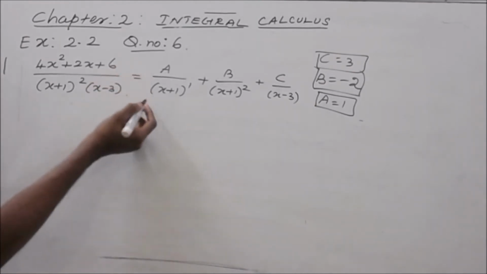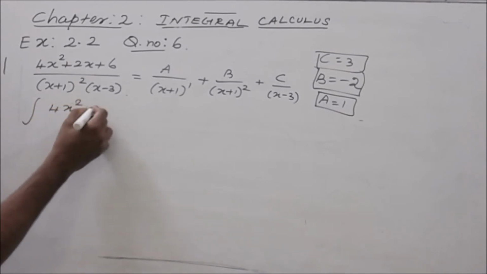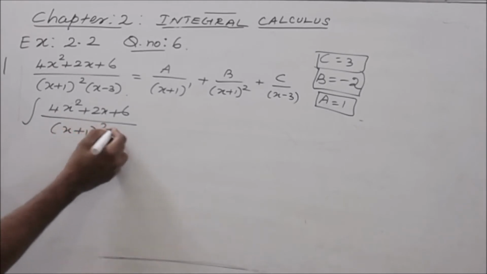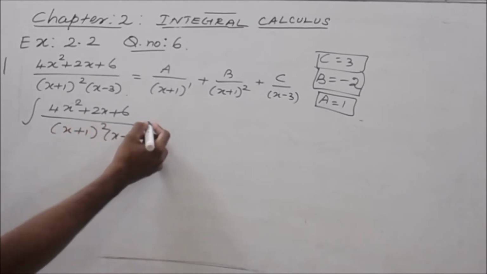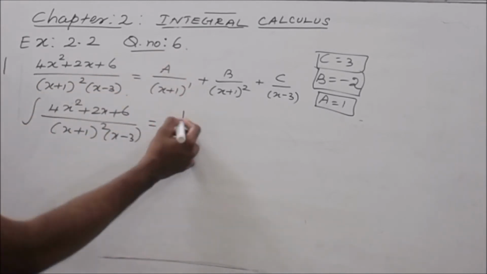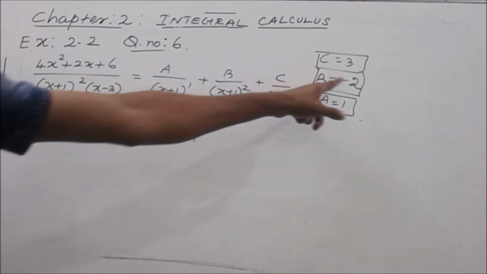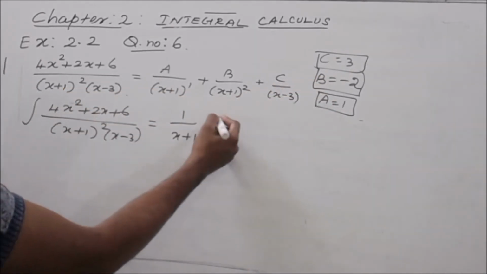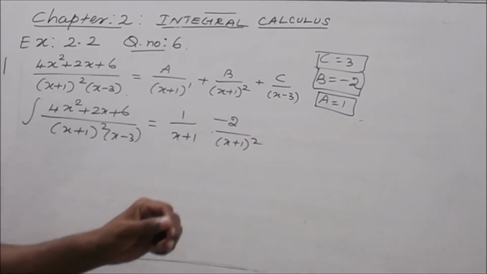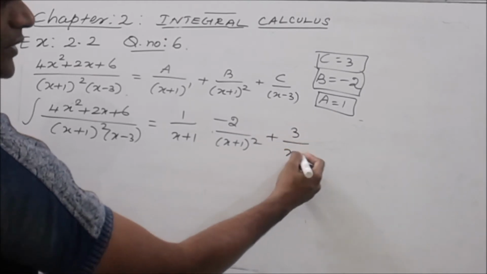Now we are moving to the next step here. So the integral of 4x square plus 2x plus 6 divided by x plus 1 whole square into x minus 3 will be equal to 1 by x plus 1, plus minus 2 by x plus 1 whole square, and then for c we have 3 by x minus 3.